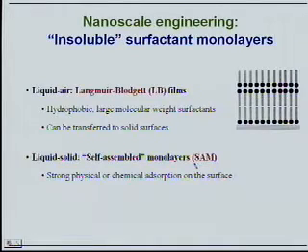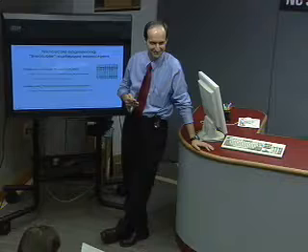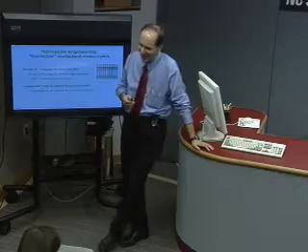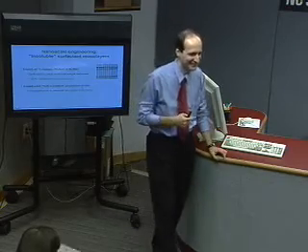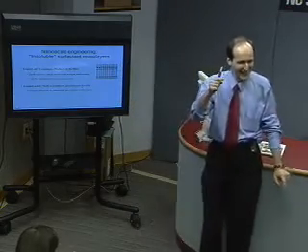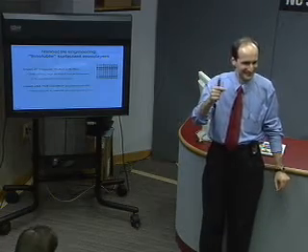And we have to give due credit here to the people who have developed this. Now, who is Langmuir-Blodgett? A scientist? Is it a scientist or not? It's more than one. Two. Yeah, that's true.